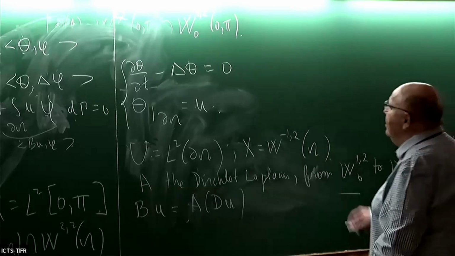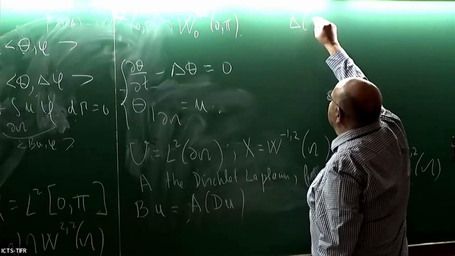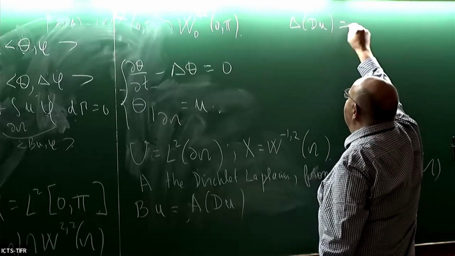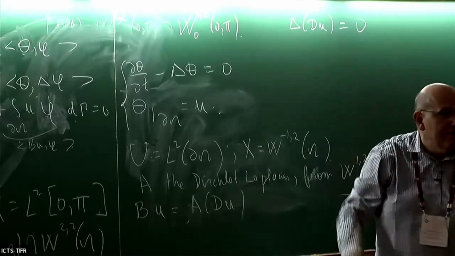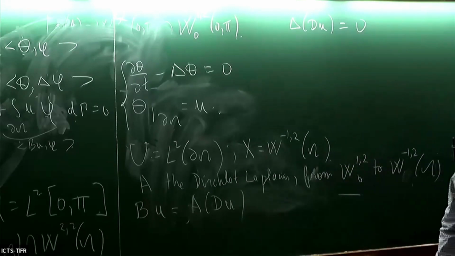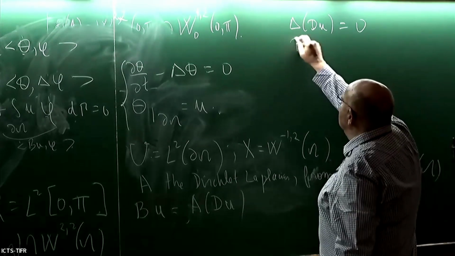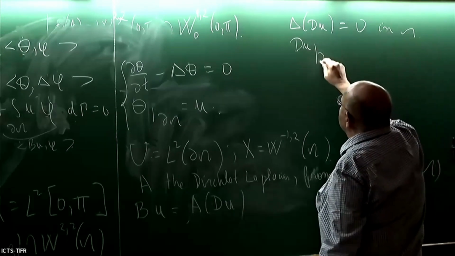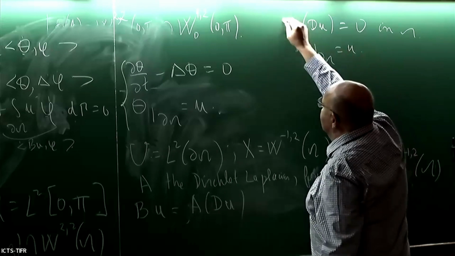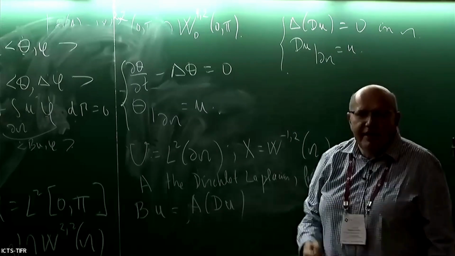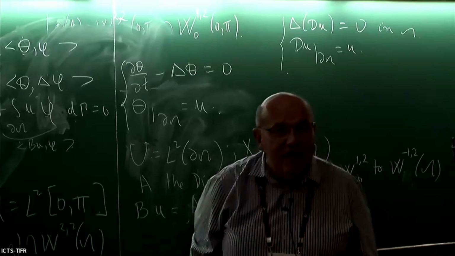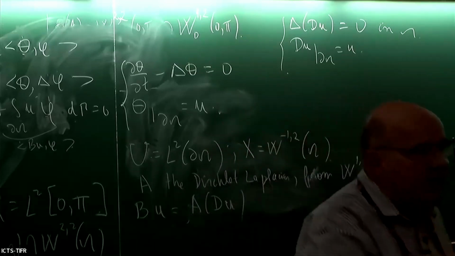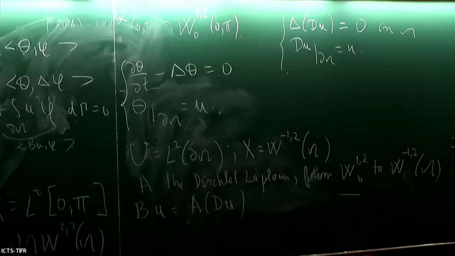How is D u defined? It is a function which satisfies, in the distribution sense, Laplacian of D u is equal to 0 in omega, and D u on the boundary is equal to u. Well, in 1D, this D u is nothing else but the derivative of the Dirac mass concentrated on the boundary. So for Neumann, it was the Dirac mass.